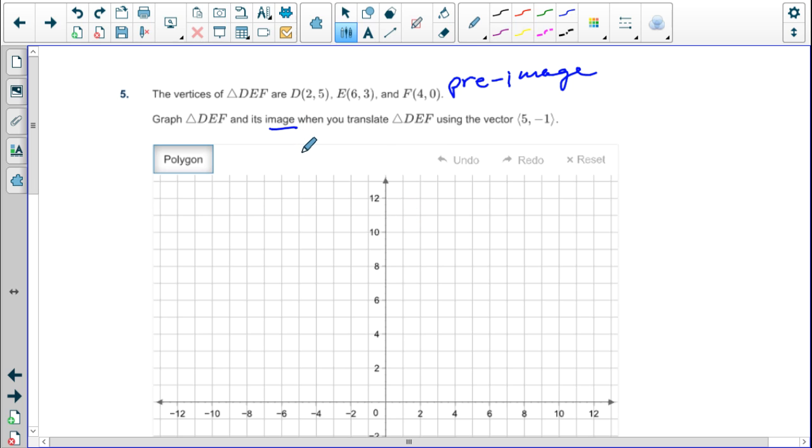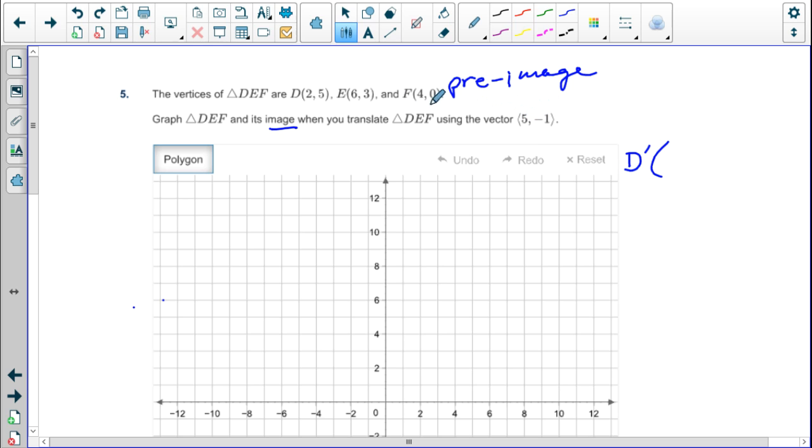So first of all, I like to write down the points. So using this vector, 5, -1, D prime would be at, if we follow this, it means add, x plus 5, and then y minus 1.